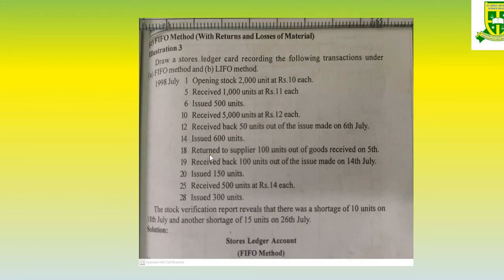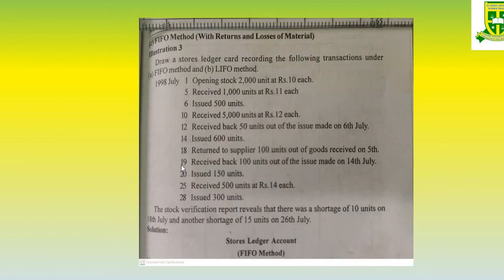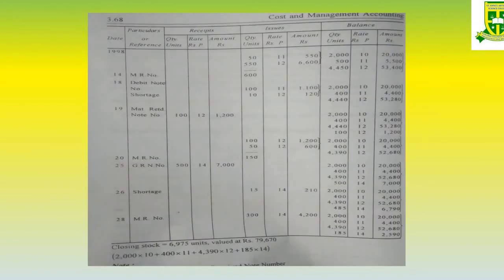Now on 18th there are 2 transactions. One is return to supplier, 100 units out of goods received on 5th. So 100 units I have returned to the supplier. On which date did you purchase? 5th. On 5th I purchased 1000 units. On that I am returning how much? 100. So debit note, that is, I am returning back.